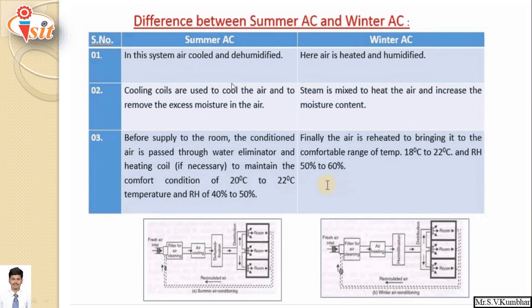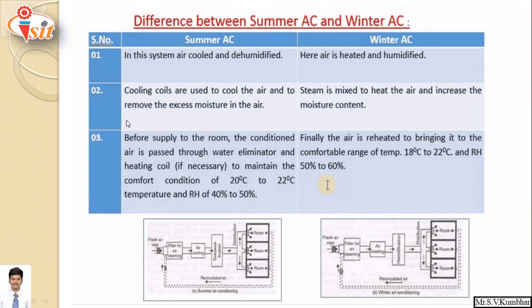Third difference, in summer air conditioning system, cooling coils are used to cool air and to remove the excess moisture in the air. On the other hand, in case of winter air conditioning system, steam is mixed to heat the air and increase the moisture content.